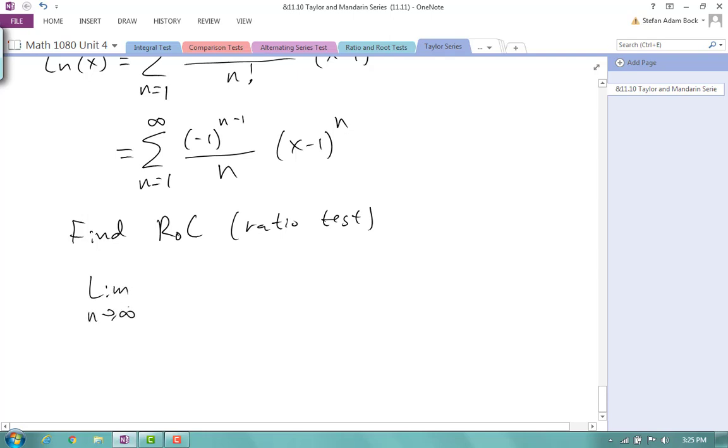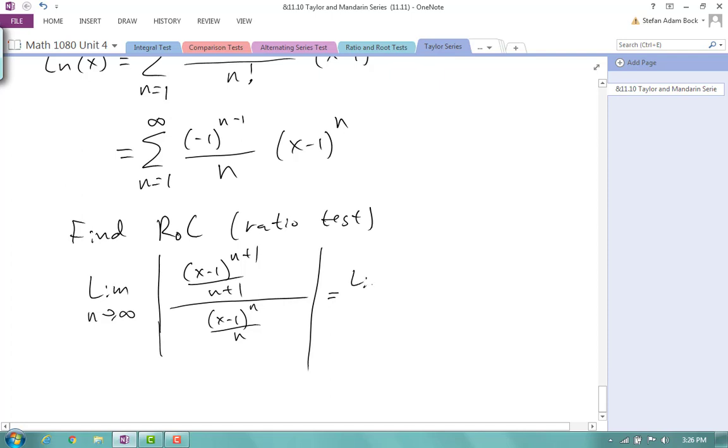I'll have the limit as n goes to infinity, absolute value, so I get to ignore the negative 1 to the n minus 1 part. I'll have x minus 1 to the n plus 1 over n plus 1 all over x minus 1 to the n over n. And if I simplify the fraction, I'll have x minus 1 to the n plus 1 divided by x minus 1 to the n multiplied by n over n plus 1.